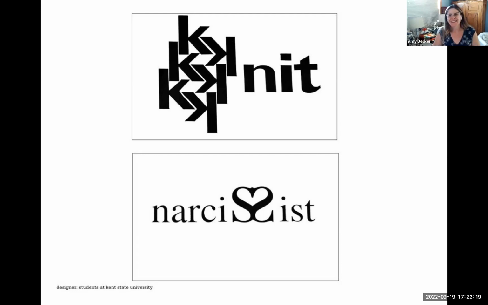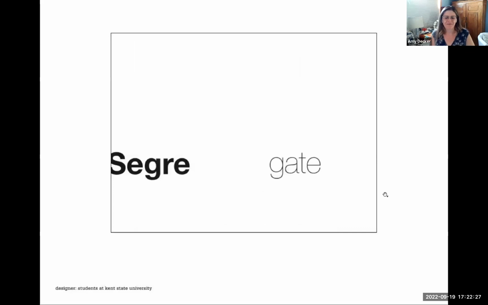So here you have the 2 S's creating a heart so that narcissist is showing how much they love themselves. Segregate. We know the word segregate means to separate. So the idea of the two words separating, but not just separating, but showing that the two words are different. So it's separating things that are different.